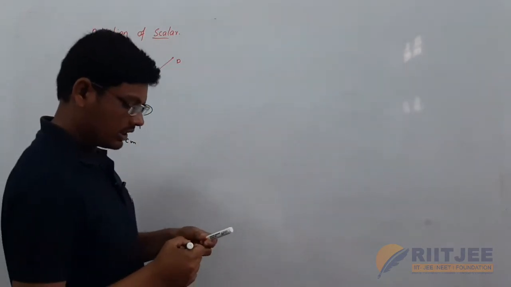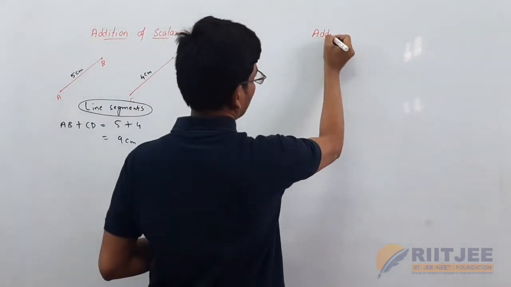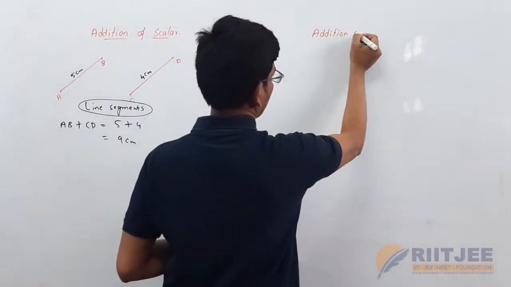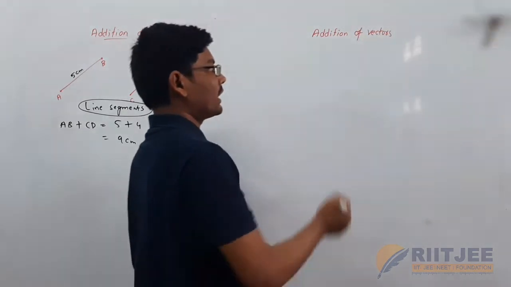Next, addition of vectors. Here there are two types.